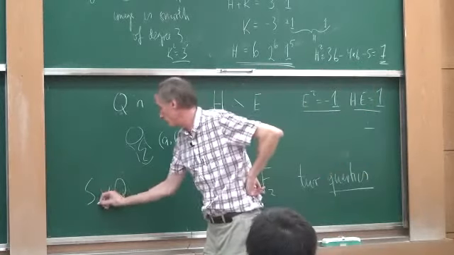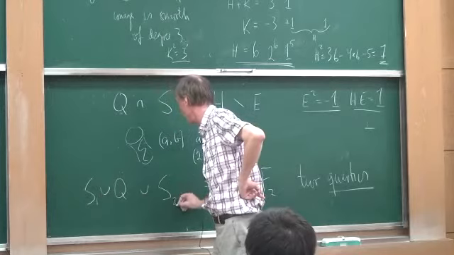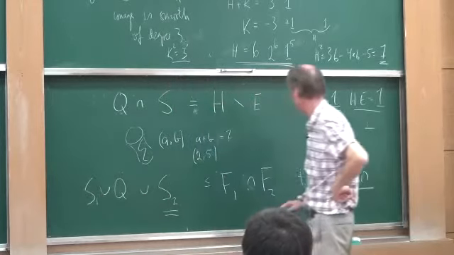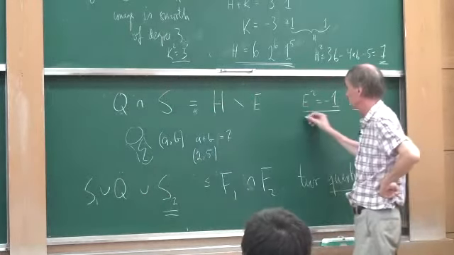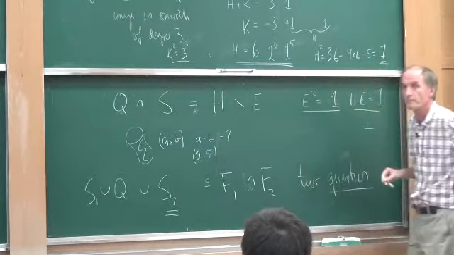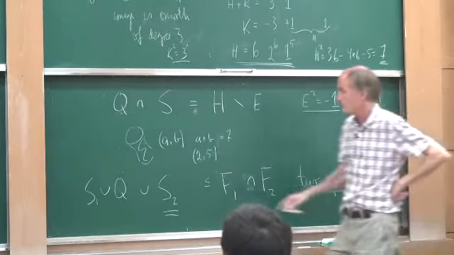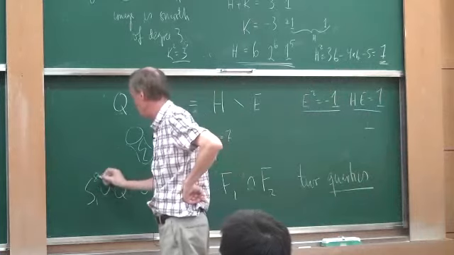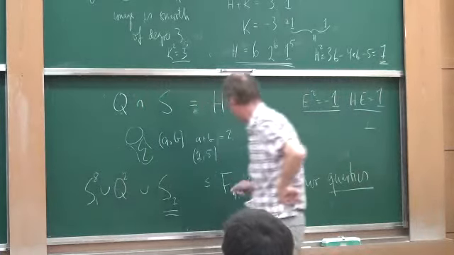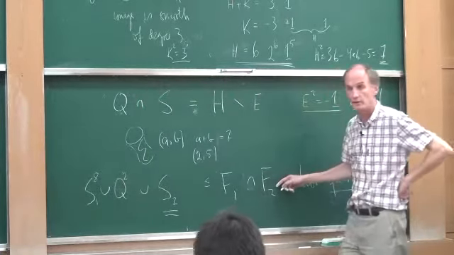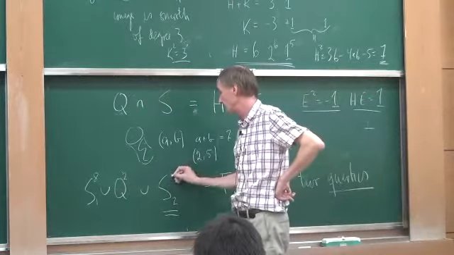If this was S1, I get something S2 over here. What is this S2? This has degree 8. This has degree 2. The complete intersection has degree 16. So this has degree 6.